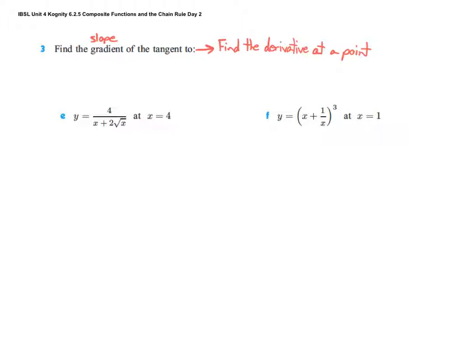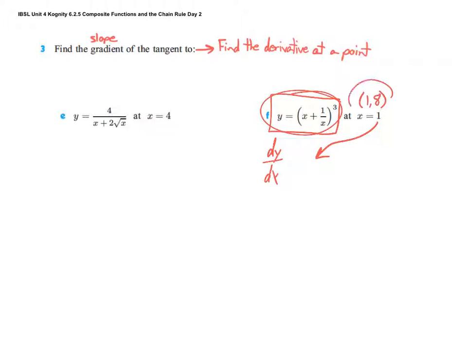So for example, if we find dy dx, and then we plug in the 1, the point here is the point on the graph. So whatever I got when I plugged in 1, that would be the slope of this graph at this point. Okay?